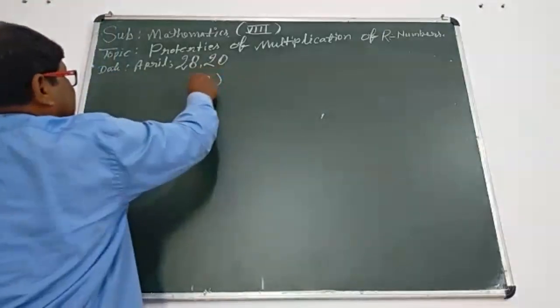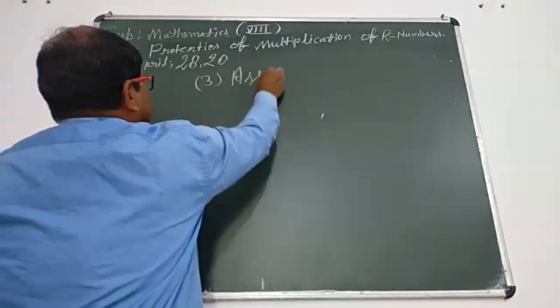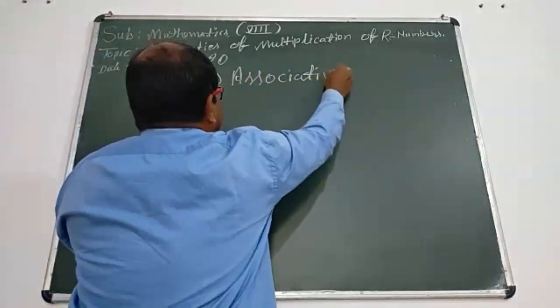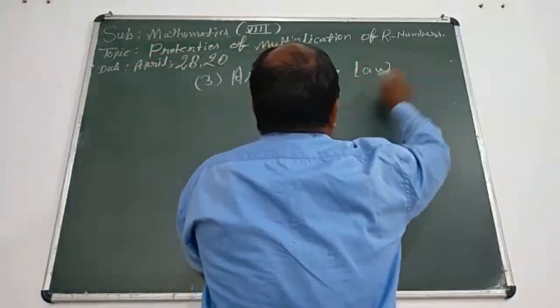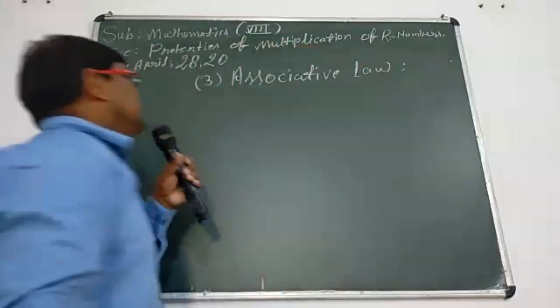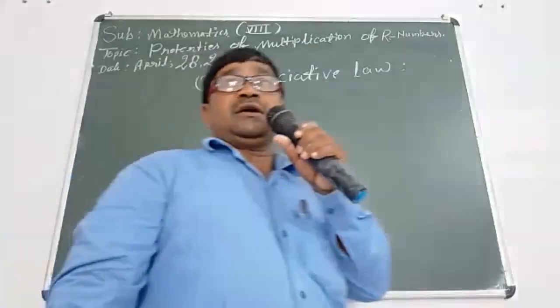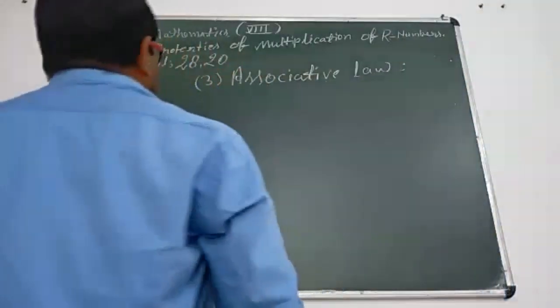Third is the associative property. Associative law or associative property of a rational number in multiplication.